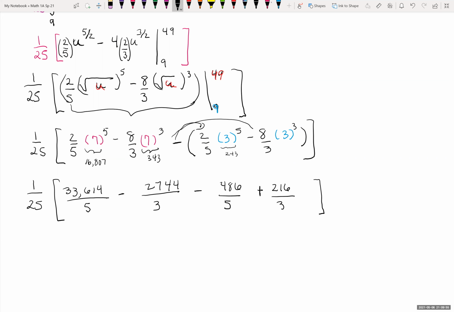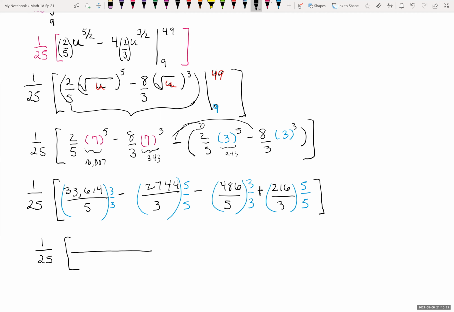So we need a common denominator. So I can see that that's 15. So I would multiply this first piece by 3 over 3. I would multiply the second piece by 5 over 5. This one by 3 over 3. This one by 5 over 5. So I have 1 over 25.